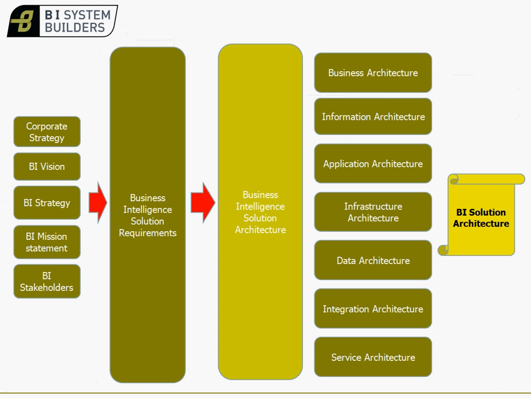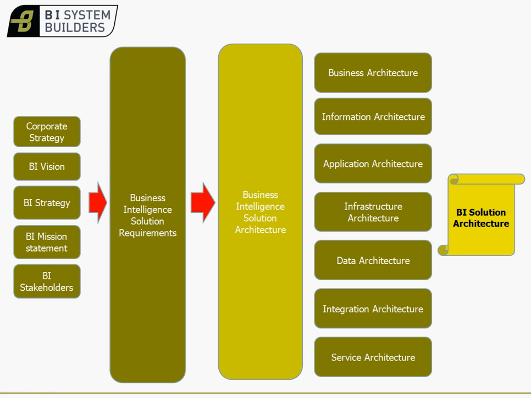Let's say that you are the BI solution architect or the BI architect. It's very, very important, and I guess it seems obvious, that you need to understand the business intelligence solution requirements.